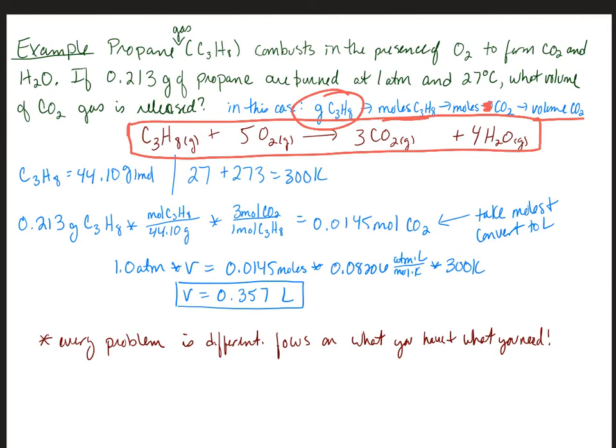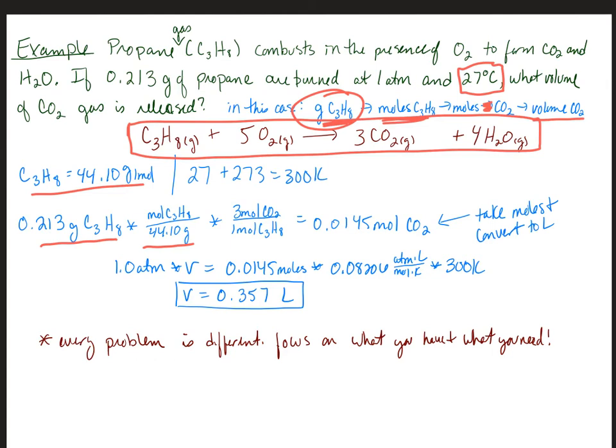So we need to start with the molar mass of C3H8 because that's how we get to moles. So I calculated that here. And the other thing we need to know is how much is this temperature in Kelvin? Now, if you forgot to do that right now, that's okay. You can do it later. No big deal. Okay, so we're starting with 0.213 grams of C3H8. I convert that into moles of C3H8.